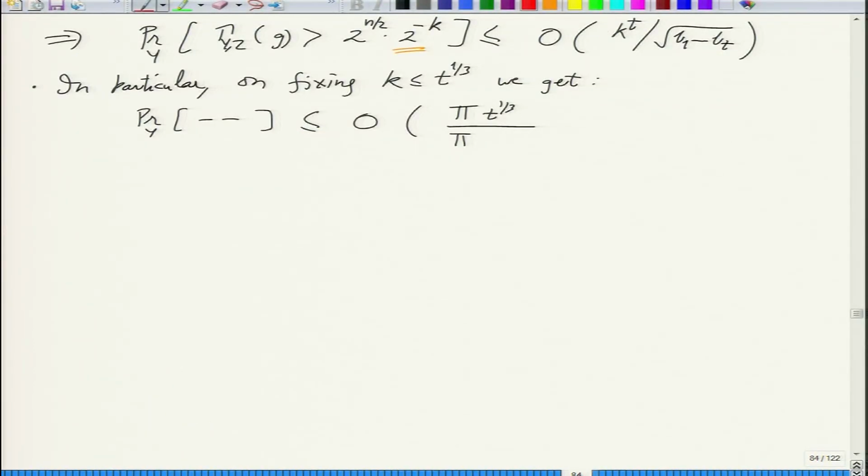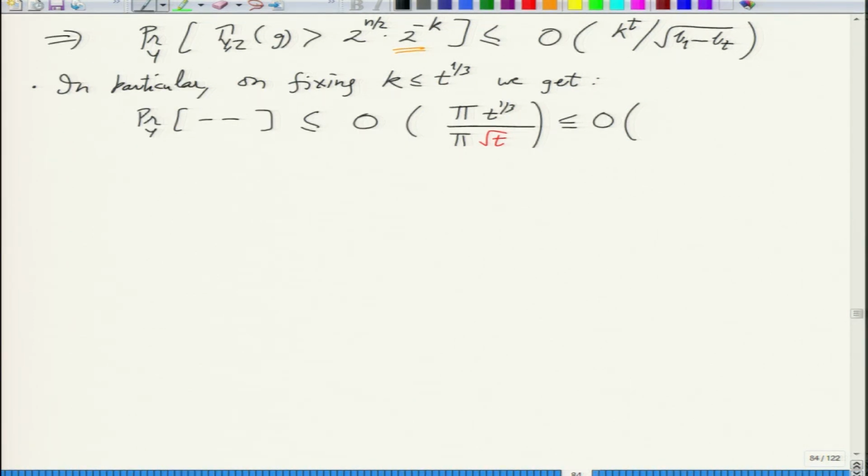So this is square root t, and i is going from 1 to t, right? So you get this. So what is this? This is 1/3 minus half, right?